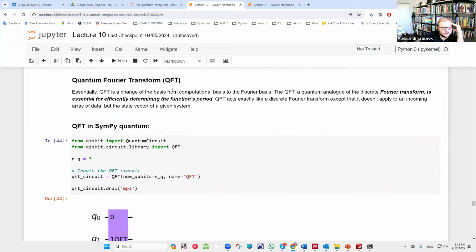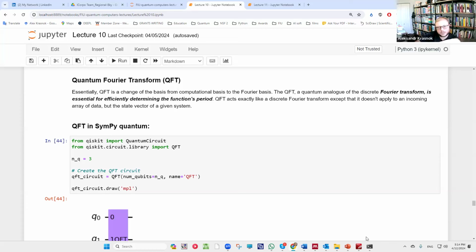Quantum Fourier transform. We dedicated some time to discuss the quantum Fourier transform. We said that just like the classical fast Fourier transform, which intends to change the basis from one to another basis, called the Fourier basis, the quantum Fourier transform does a similar operation.